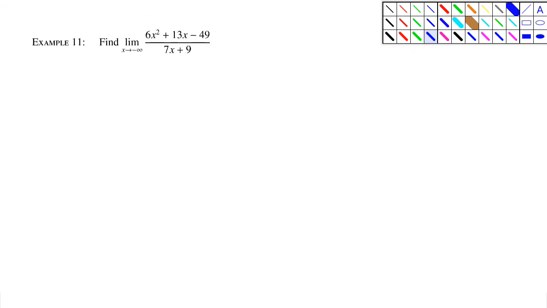Example number 11. Find the limit as x goes to negative infinity of 6x squared plus 13x minus 49 over 7x plus 9. So we again look for the highest power term in the denominator. It's just x to the first. So we are going to divide by x. We ignore the 7. So write out the problem.